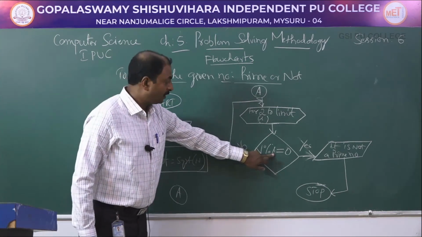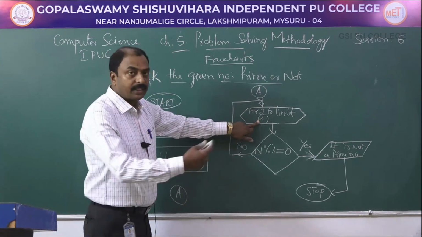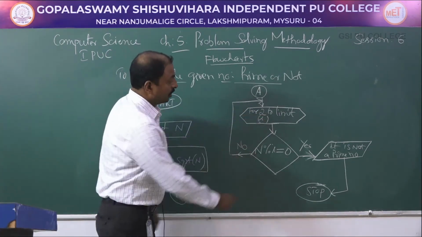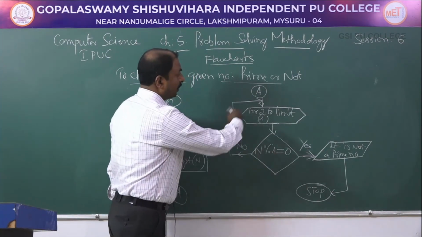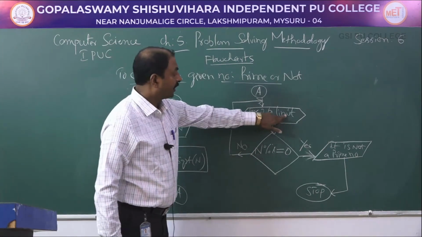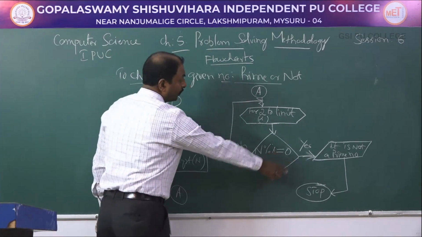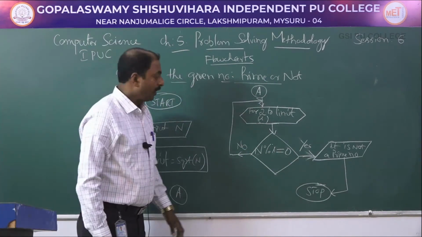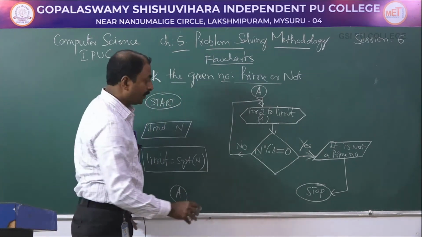If remainder is not 0, it comes here, it increments the value of I to the next number, then it becomes 3. So here n percentage 3, n percentage 4, it goes on like this up to this condition. Once we meet this condition, it will come out of this loop or repetition. If remainder is not 0, it is understood that it is a prime number.